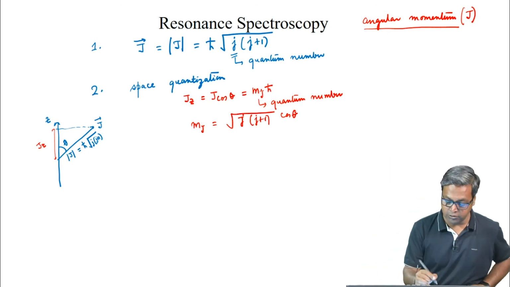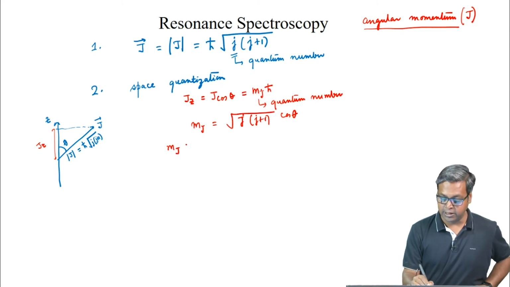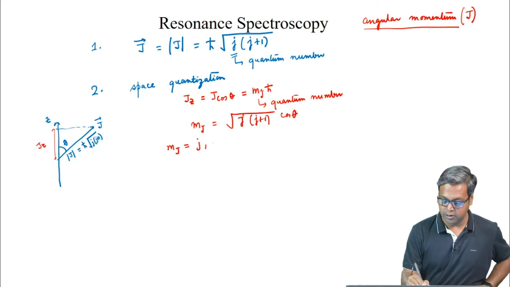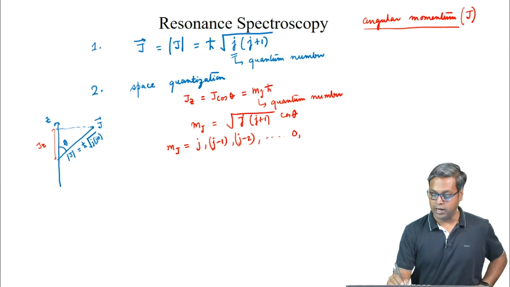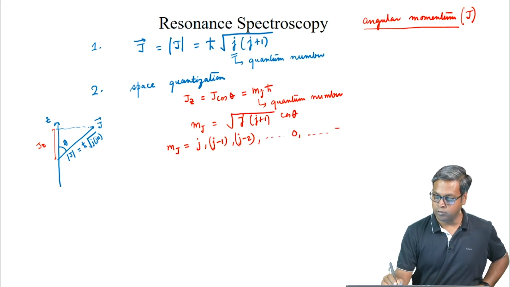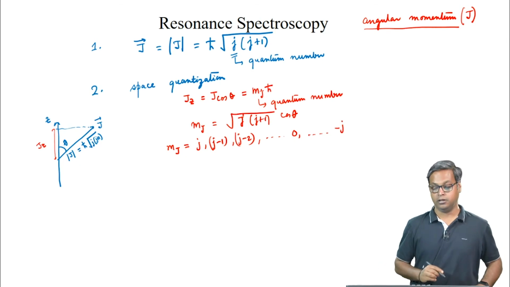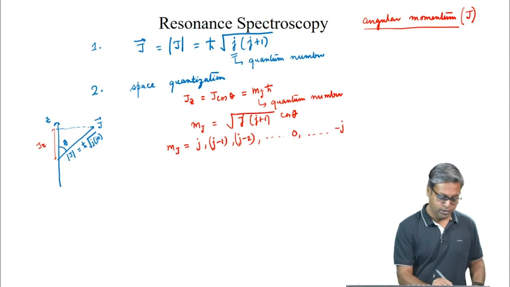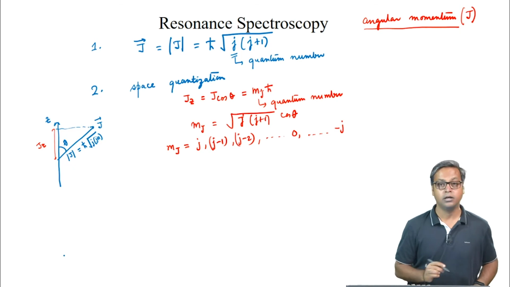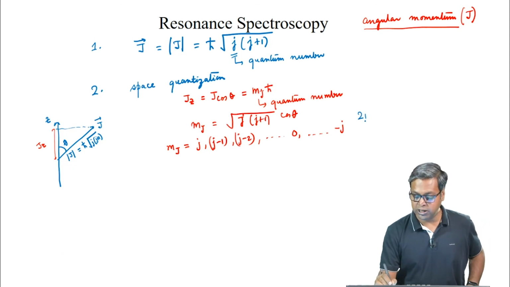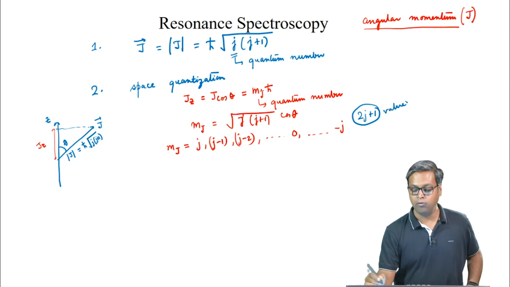It can take the values of j, j minus 1, j minus 2, and so on, 0 is another value, and it will go up to minus j. So, in total there can be 2 j plus 1 values of m j.